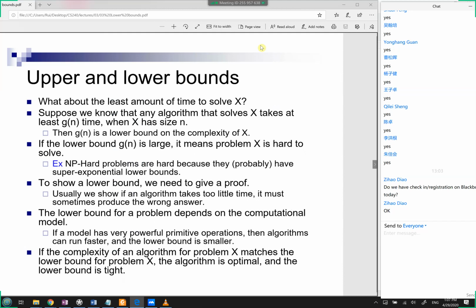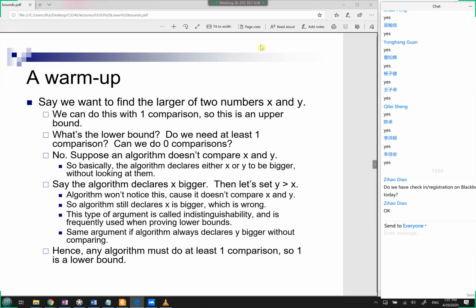So that's some basic introduction to this stuff. Now the types of arguments that we're going to use today for the simple lower bounds that we're going to talk about are basically called an adversary type argument. So what you're doing is creating a particular input that forces the algorithm to run for a long time.